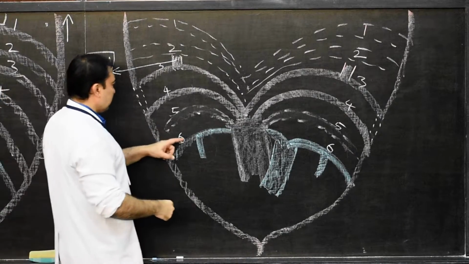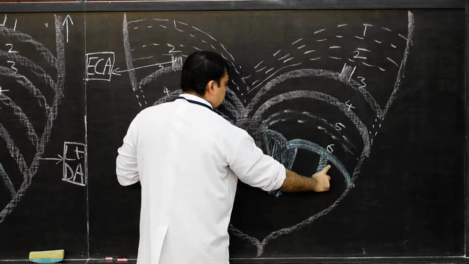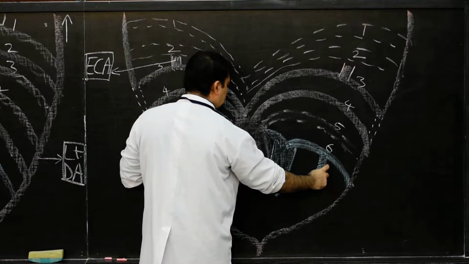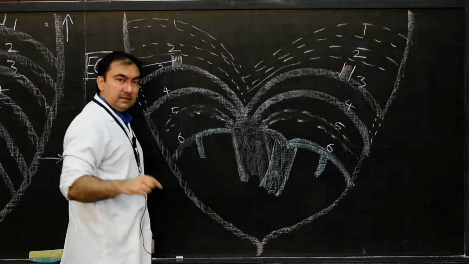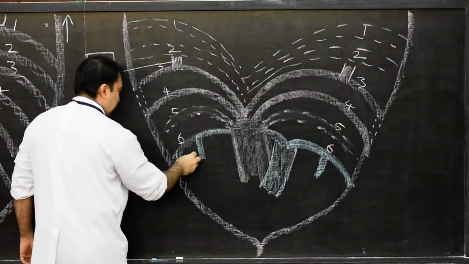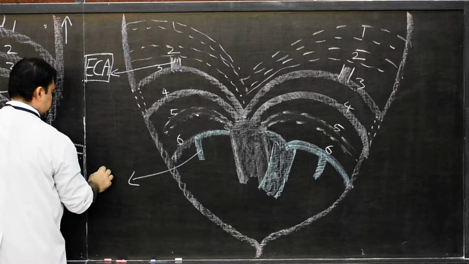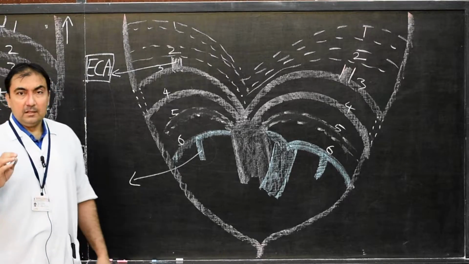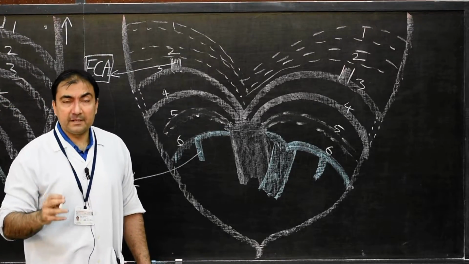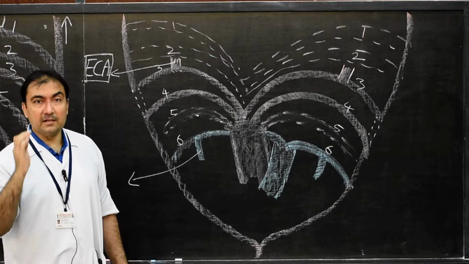Next, we have drawn here another two buds in the proximal segment of the sixth arterial arch, the sixth aortic arch, and these buds here will be known as the right and left pulmonary arteries.